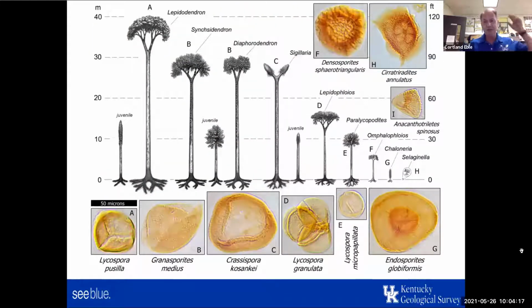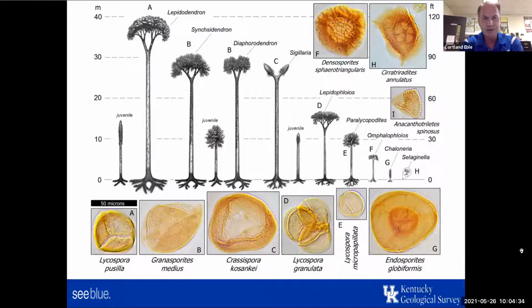One of the benefits we have working in the Pennsylvanian, really thanks to people like Bill DiMichele, Tom Phillips, and a host of other people, Herman Pfefferkorn, Bob Gastaldo, is that we know a lot about the parent plants that produce the spores.